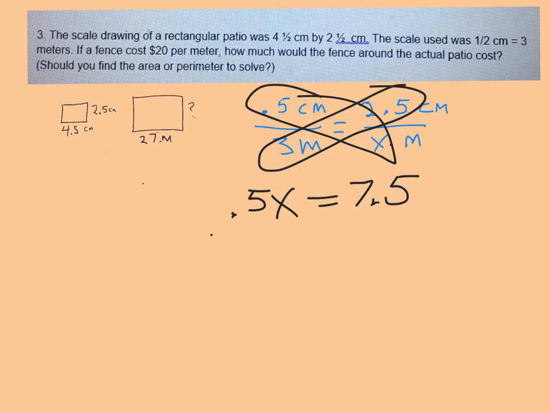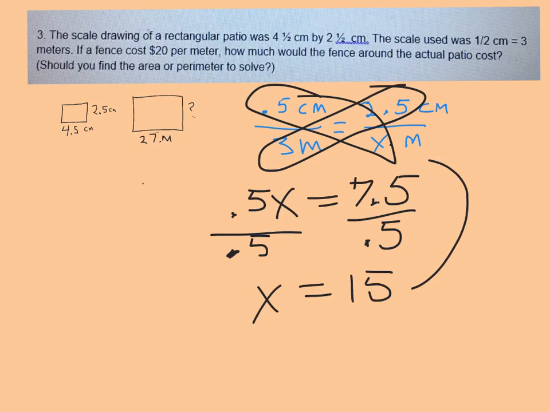So I'm going to divide by 0.5 to make whatever's with x 1, and divide by 0.5 on the other side, or 5/10 on the other side. So x equals 7.5 divided by 5/10, and that would be 15. So that tells me how many meters I have on the other side of the patio.